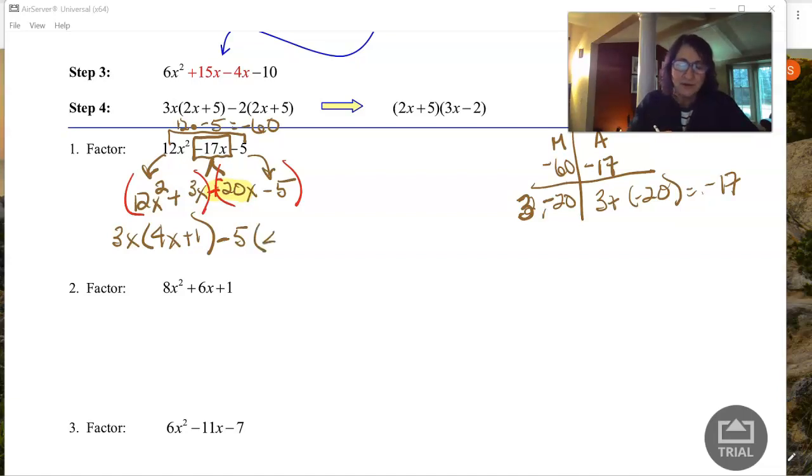So then I'm left with 4x plus 1. The 4x plus 1 is common to both, and so it's 4x plus 1 times 3x minus 5. There we go. All right, let's do this again.